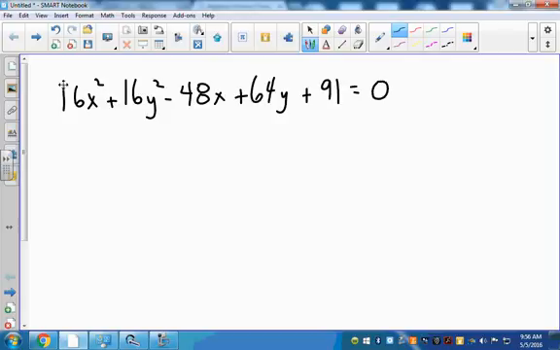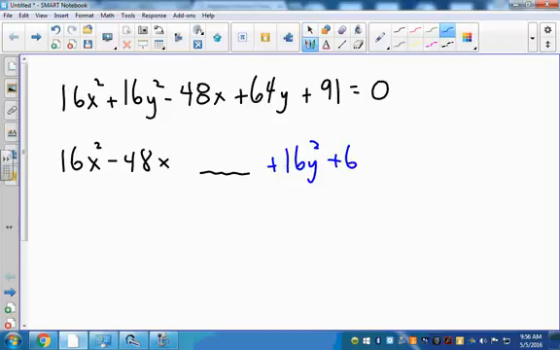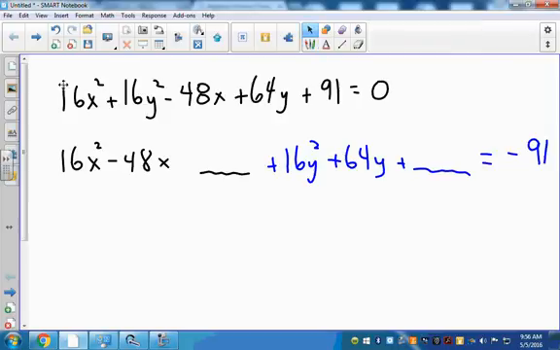Okay, center and radius. The completing the square process is a little bit more involved for this. If you're not sure what to do with the 16, I'll start you off with the x squares. I am going to leave a gap here, and the same thing with the y squares. The constant gets moved.